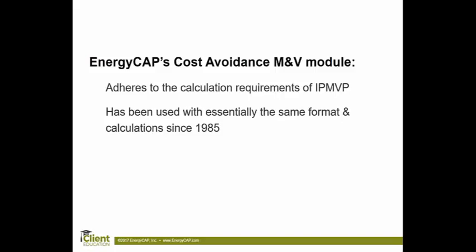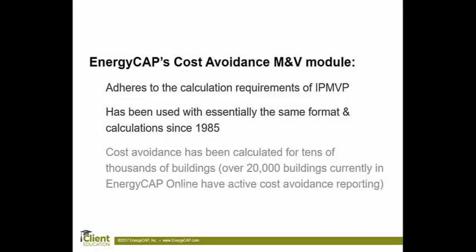The first version of it was released in 1985, and if I would show you the user manual from 1985, you would see that the terminology and the methodology is essentially unchanged. More sophisticated, more bells and whistles, obviously, but the basic engineering principles have been unchanged since 1985.